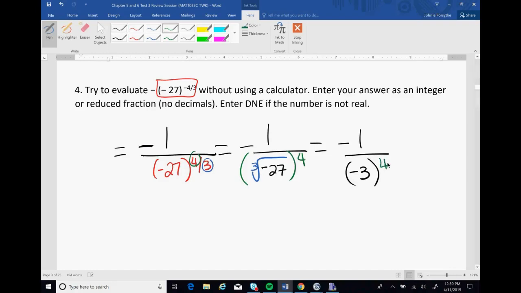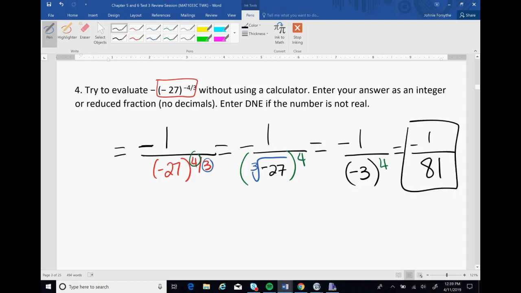And we still want to raise that to the 4th power. Negative 3 to the 4th power is going to give us positive 81. But our final answer is going to be negative 1 over 81.